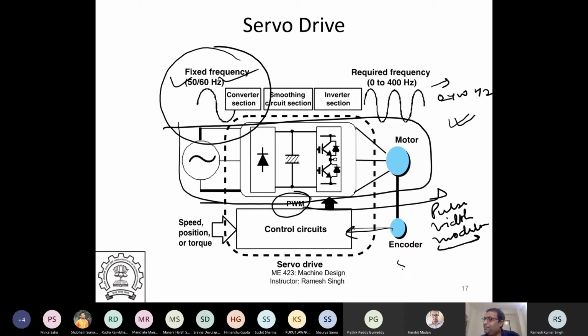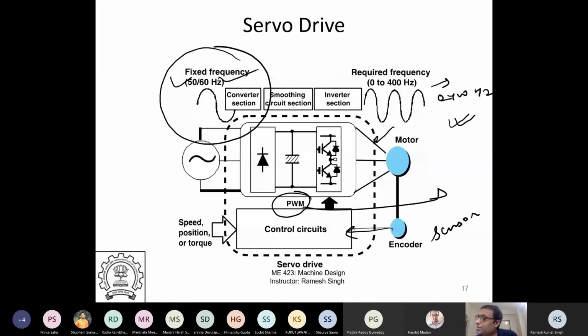And you need to drive the motor, right? Move the motor faster, slower. This drive current is given by this section.